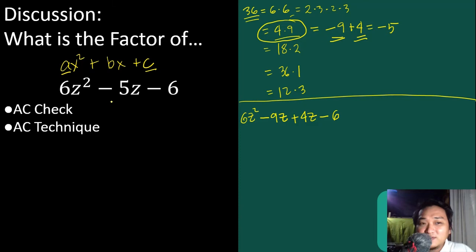Now that we were able to expand negative 5z in this manner, because negative 9z plus 4z is equivalent to negative 5z, this time we are going to group. Let's group it. That is also the same as the quantity 6z squared minus 9z plus the quantity 4z minus 6.